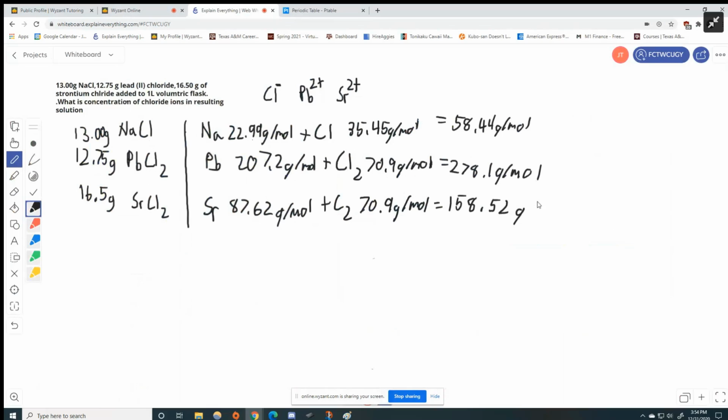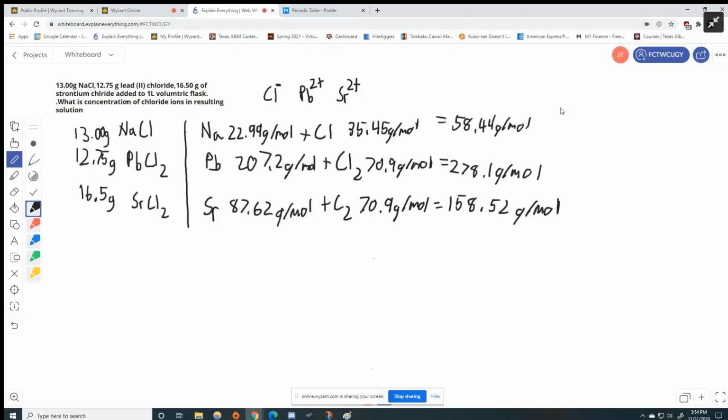158.52 grams per mole. Okay, so we're trying to find the number of moles. We're already given the initial amount of grams. What we can do is divide 13 grams by this number, and likewise 12.75 divided by this, 16.5 divided by this, to get the total amount of moles.